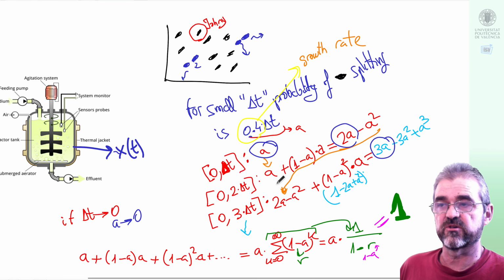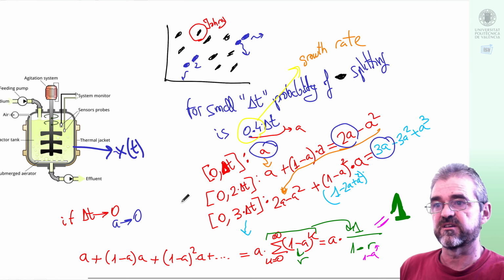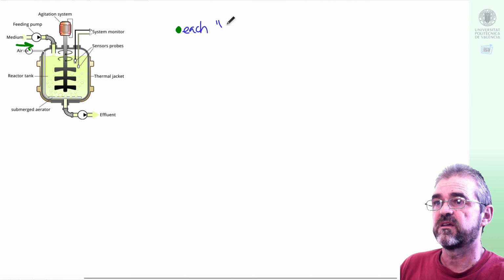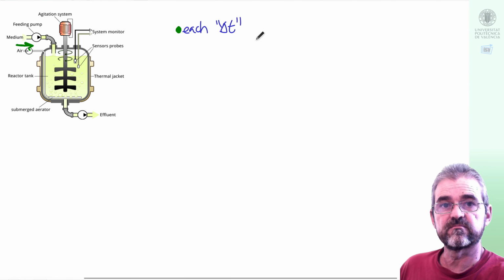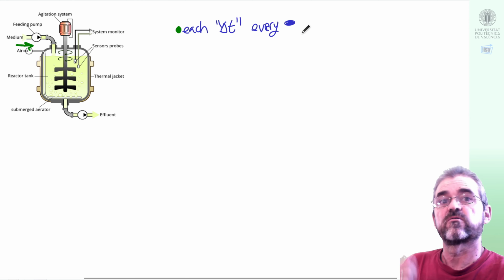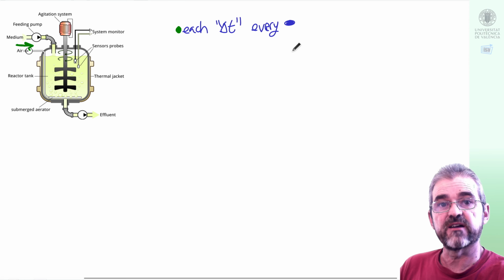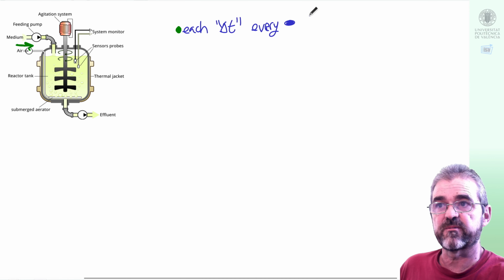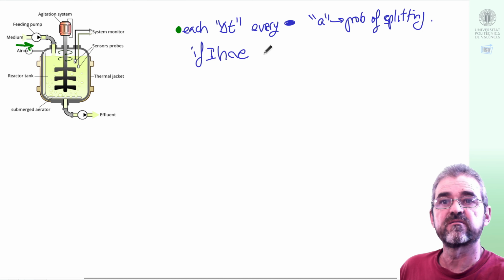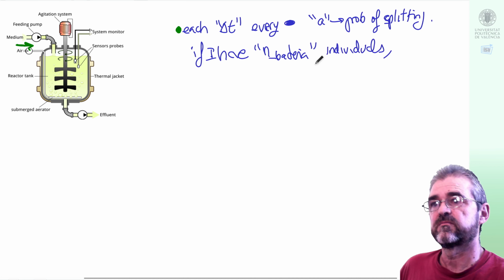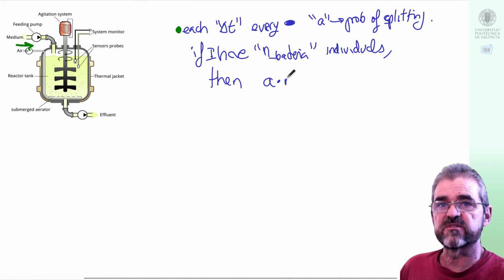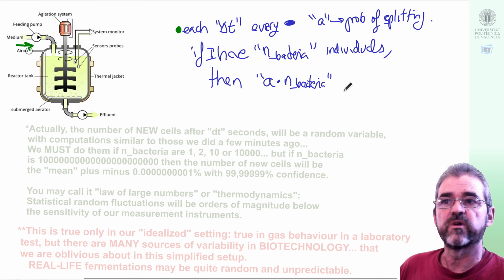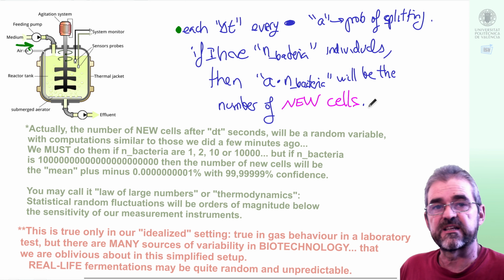average behavior. So, indeed, if we now consider that each increment of time, every bacteria throws a dice to decide if it divides or it doesn't divide, then, okay, if the dice has probability A of splitting, if I have given n bacteria individuals, then A times this n bacteria will be the number of new cells.